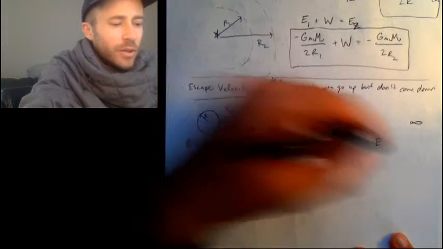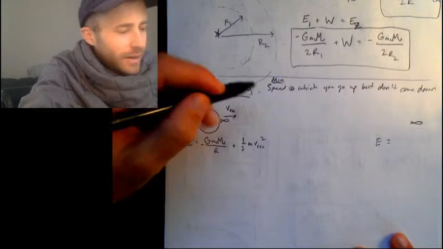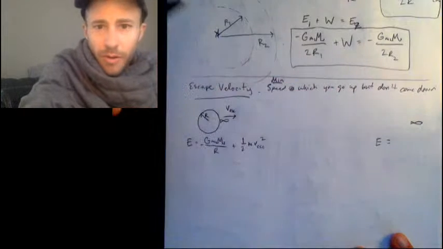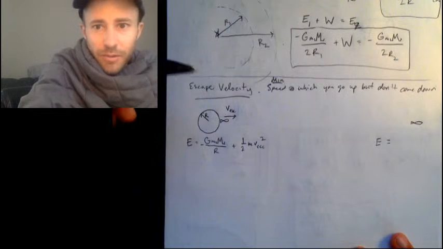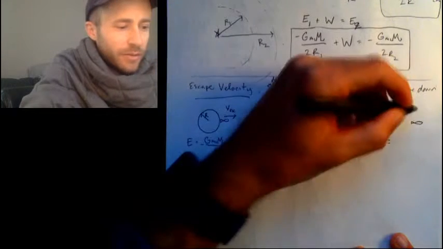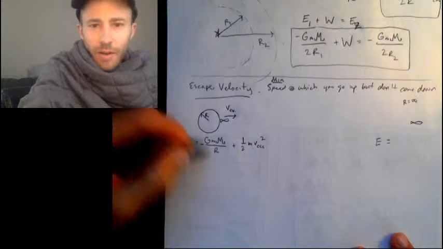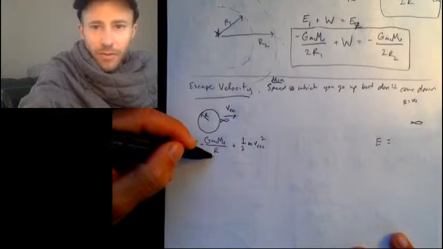Now, when it's out here, it has traveled really, really far away from the planet. It has escaped the planet. So that means that R is basically infinity. So if we take gravitational potential energy and divide by infinity, we get 0.